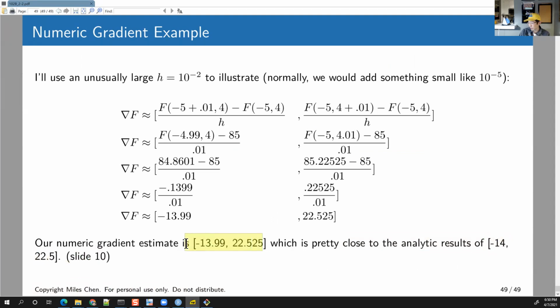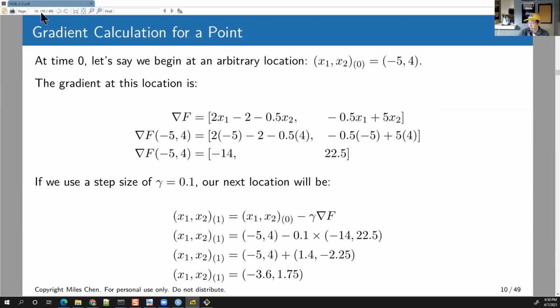And here is the gradient that I'm estimating using numeric gradient checking. And we're getting pretty close alignment here. And so this would give us confidence that my analytic answer here of -14 and 22.5 is correct. And I can be confident that this solution for the gradient is going to be correct, okay?